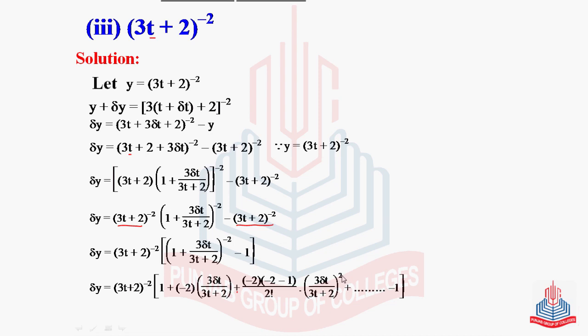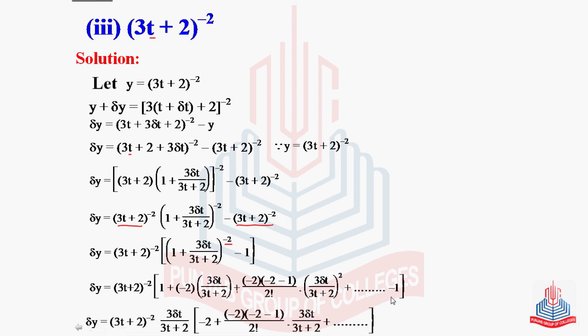Again note that this n is a negative integer, and due to this negativity this binomial series will become an infinite series, and at the end this minus 1 will remain the same. So there will be no end term, which there was in the previous two parts, but here there will not be an end term.